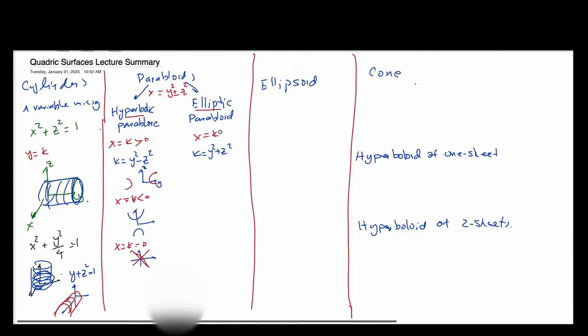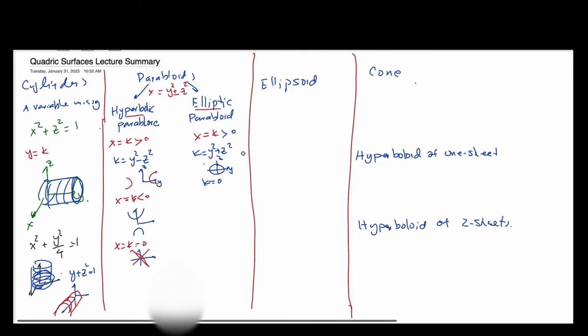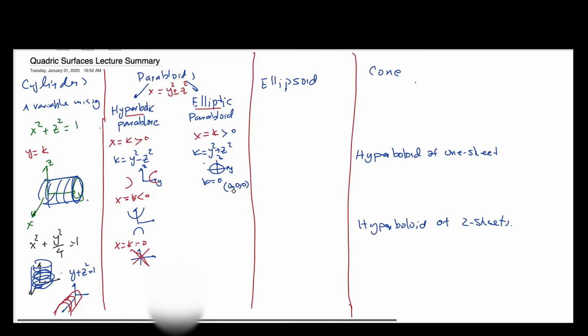Again, if k is bigger than 0, I get ellipses in y and z. If k is equal to 0, then I get a point. In this case, it's going to be 0, 0, 0. The point may be different, depends on the shifts.